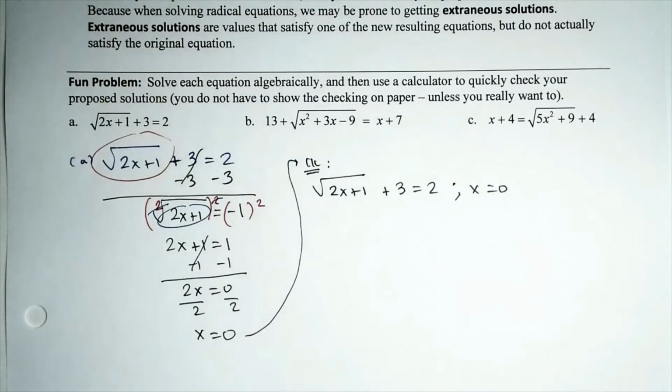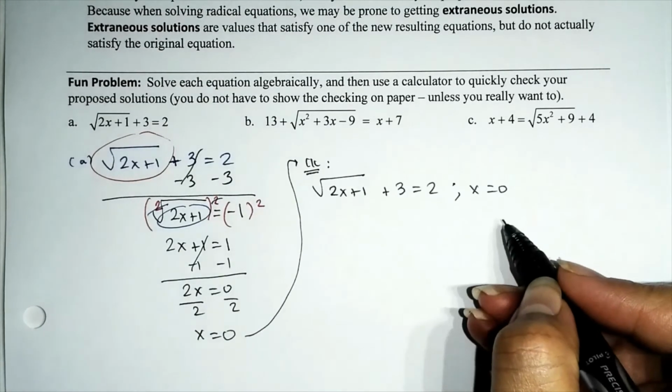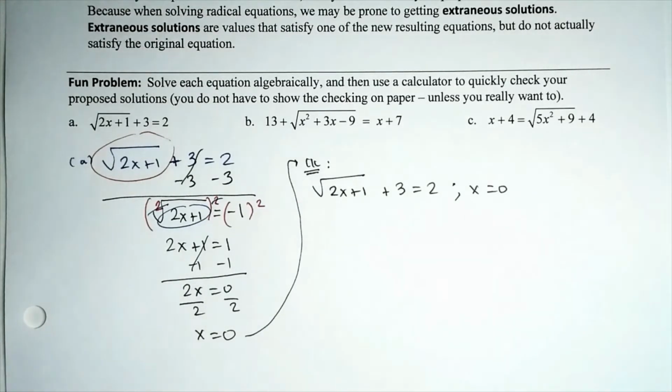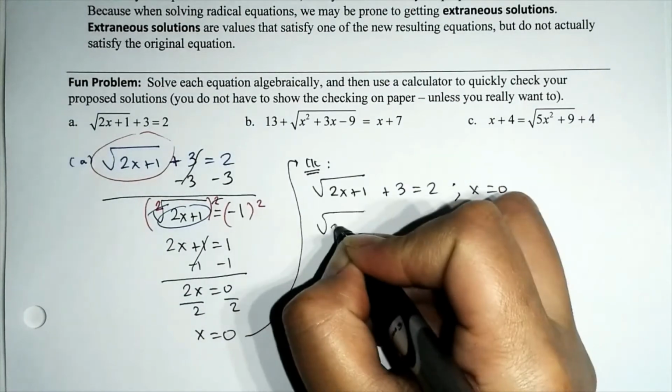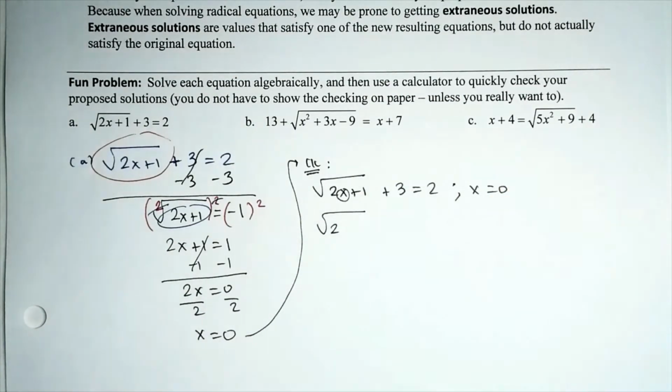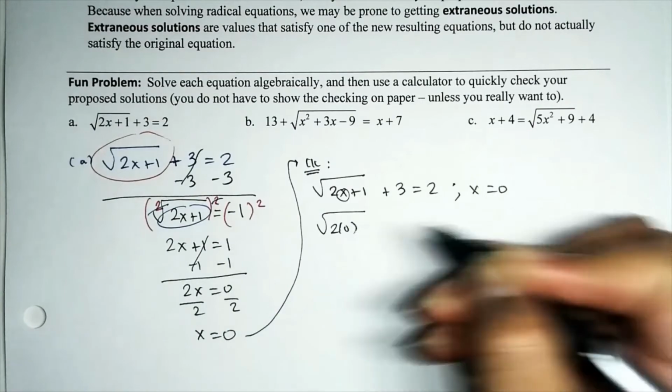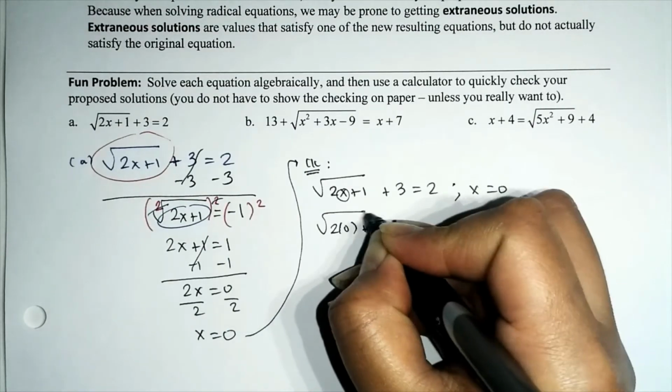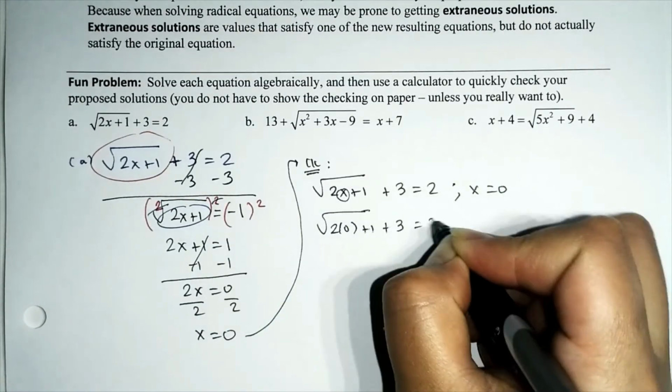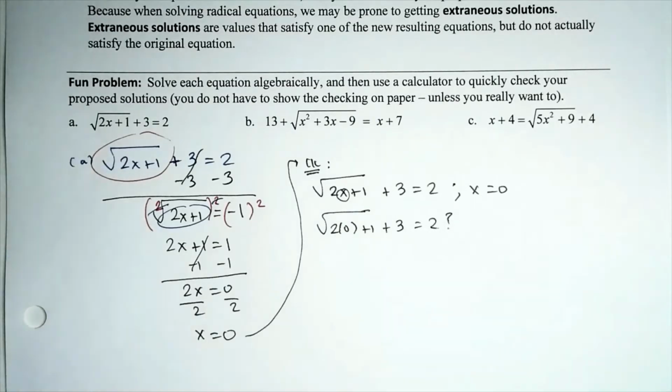You can use a calculator, but I'm gonna freehand it just so we have a paper trail. So let's see if our proposed solution is actually a solution. We have square root of 2 times our answer, namely 0, plus 1. When we increase it by 3, does that really give us 2? It has to be, because it's our answer, so it needs to be right.